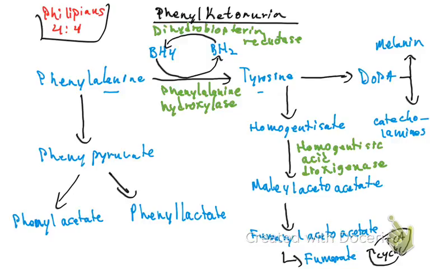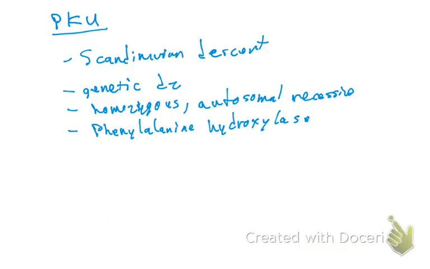So basically, the patient that has phenylketonuria is going to have a deficit of this enzyme. Because they have this enzyme deficit, they cannot convert phenylalanine to tyrosine.